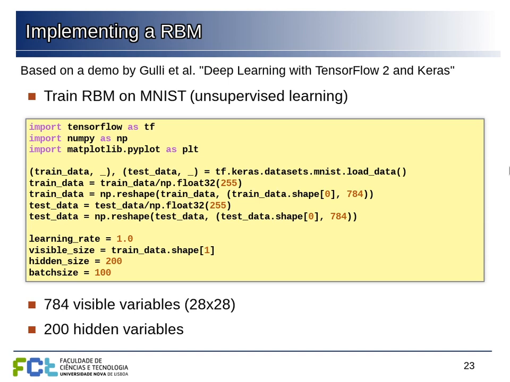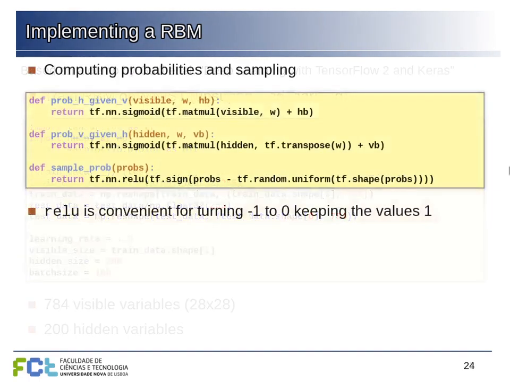And now we create a restricted Boltzmann machine that would have 784 visible values. These are the data, the images that we are feeding, and has 200 hidden variables in that other layer, the hidden layer. So this is our restricted Boltzmann machine.